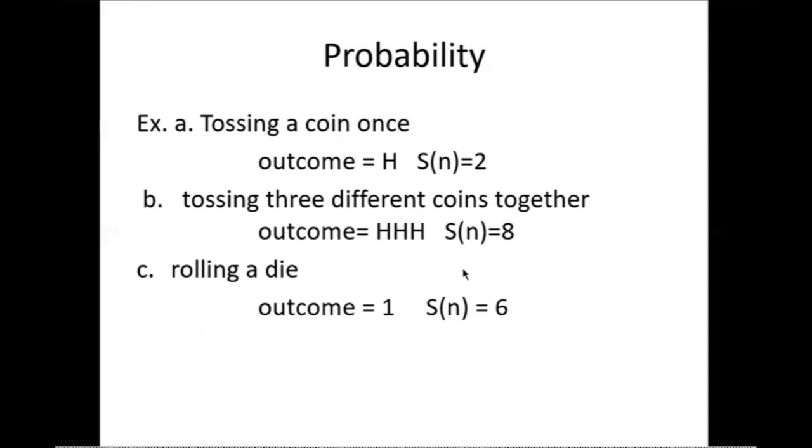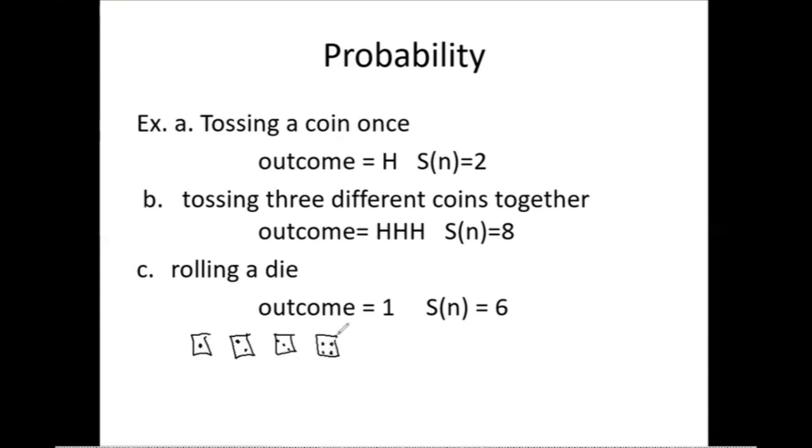Pwede rin naman maging 2 ang die or yung kanyang dots, di ba? Kasi sa rolling a die, yan yung mga faces natin, di ba? Merong ganyan, merong 1 dot o kaya naman merong 2 dots o kaya naman 3 dots or pwedeng 4 dots.